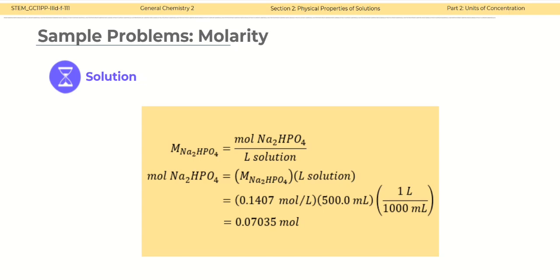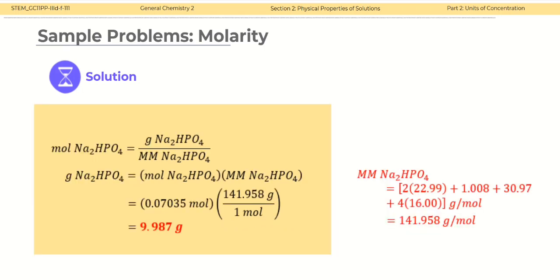Substituting the given values, we get 0.07035 moles of the solute. From the given amount of solute in moles, we can get the mass of solute by simply multiplying the number of moles by its molar mass. You can use your periodic table of elements for the molar mass values. The mass of solute needed to make the solution is 9.987 grams.